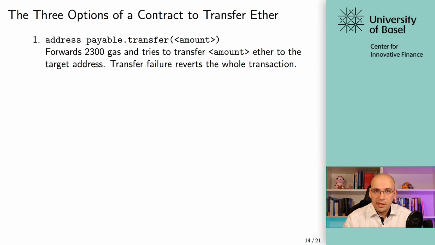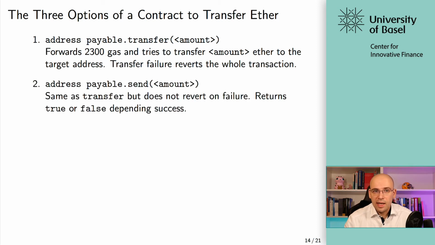So there are various ways in which we can send the Ether. Number one is we could say transfer, so then the amount. This forwards exactly 2,300 gas and tries to transfer the amount that has been specified to the target address. And what's important to understand is that when the transfer fails, then it will revert the entire transaction. The second thing you can do is you can use send.